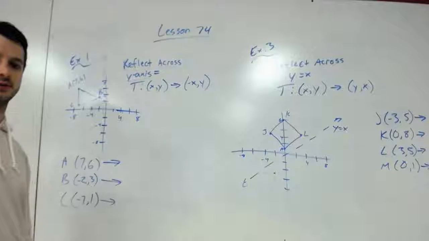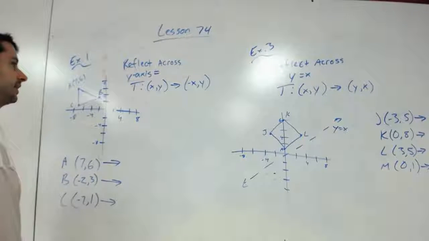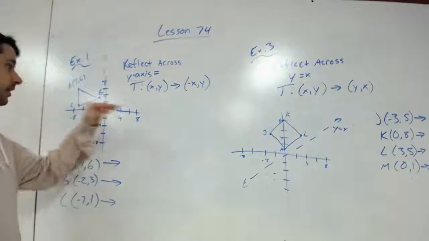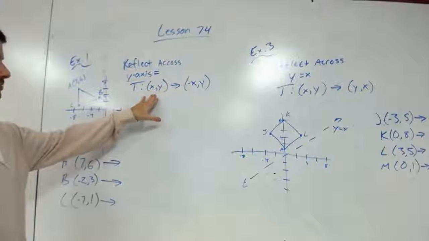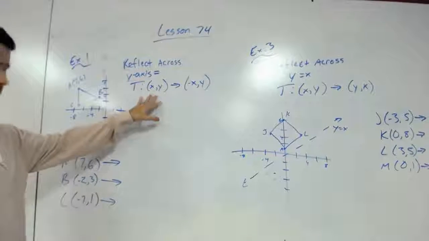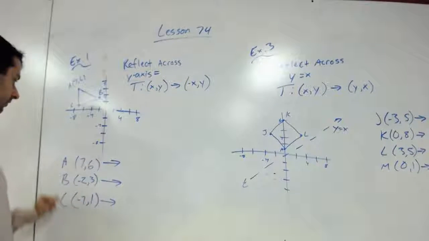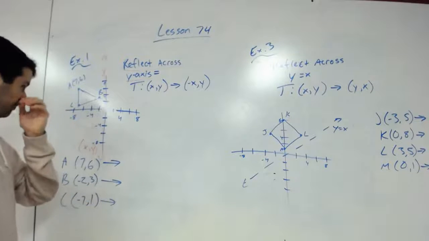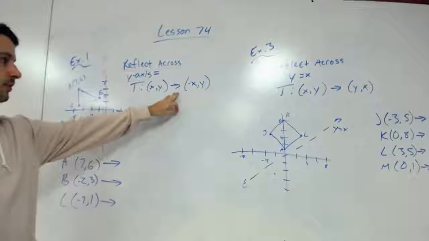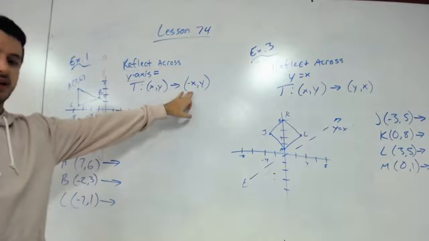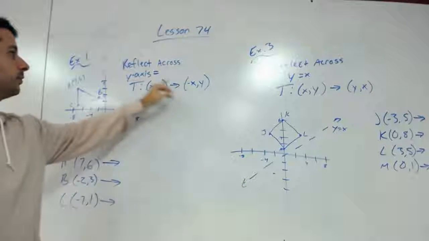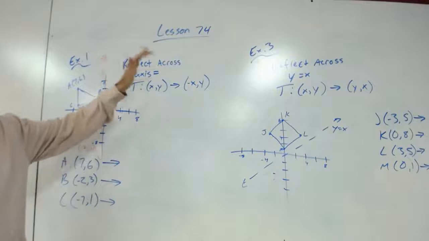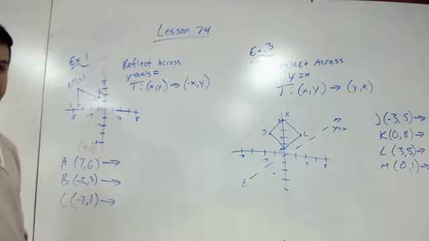The transformation of x, y, meaning our original coordinates, those are our pre-image, is going to be reflected by using negative x, y when we are flipping across the y-axis. So it's very simple.